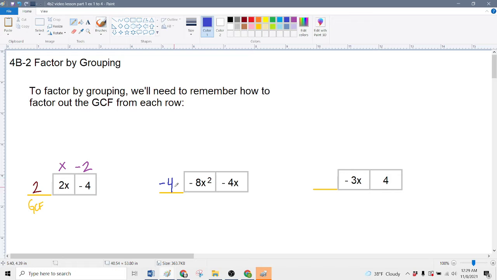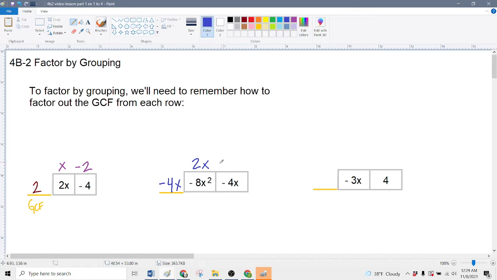That whole thing will come out as our GCF, all right? And when we factor that out of that first term, we do not pop the negative out here because this guy's already negative. All we need to do is multiply that negative 4 times 2. That'll give us the negative 8. In order to get back to that x squared, though, we need to multiply by another x.